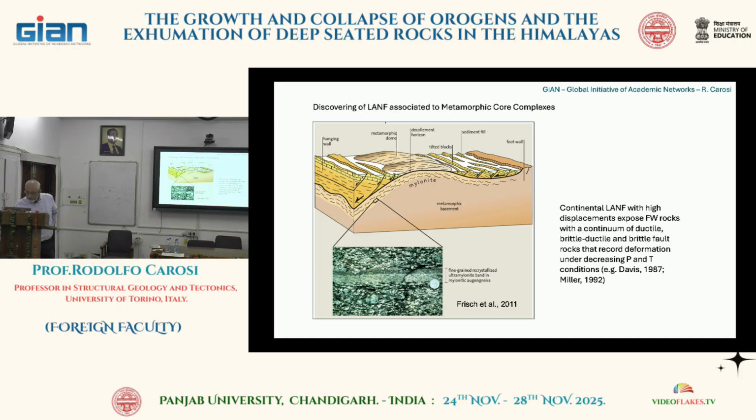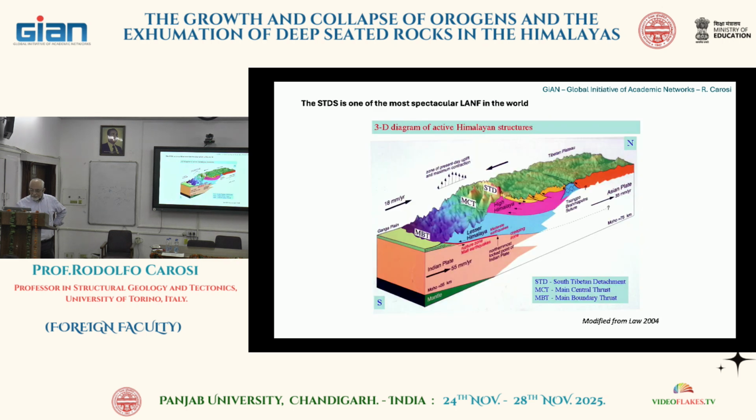Low angle normal faults are, of course, very common in metamorphic core complexes. You have mylonite like this, folded in an antiformal way with brittle fault above. So it is a big problem. Some people think that low angle normal faults were high angle normal faults then rotated.